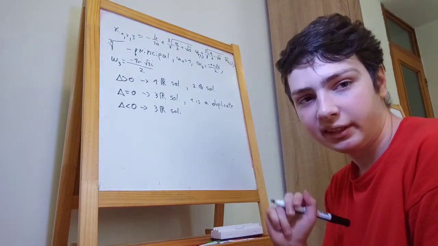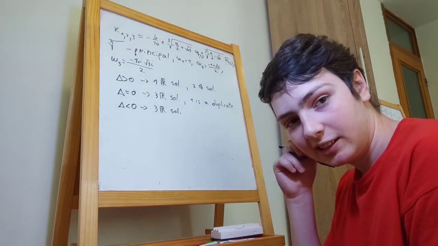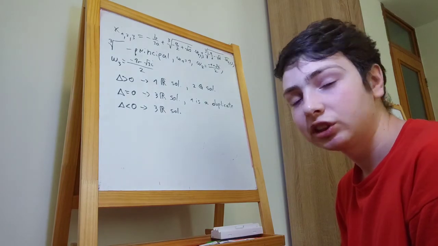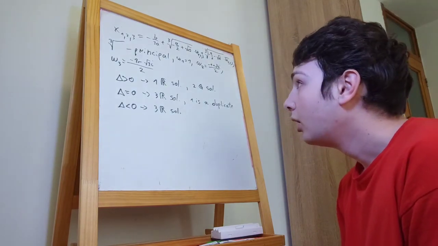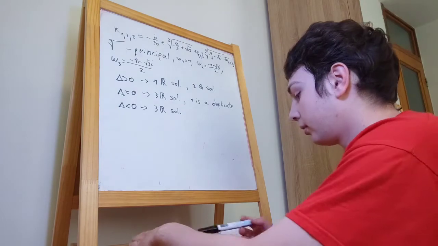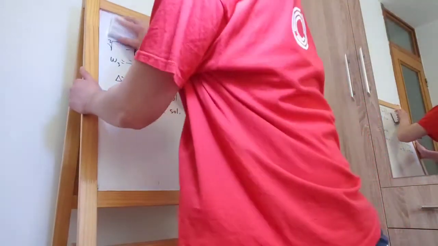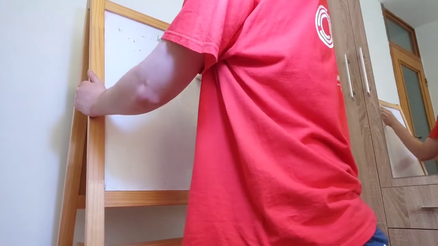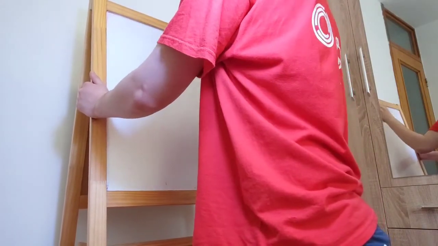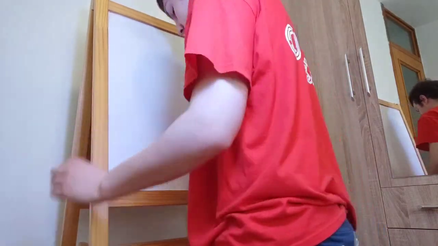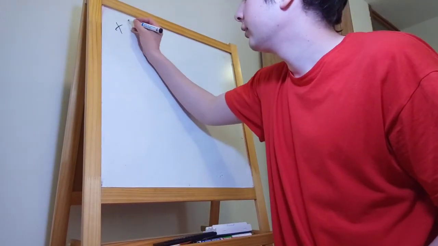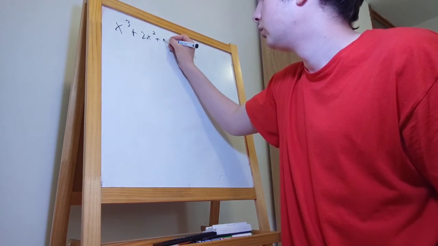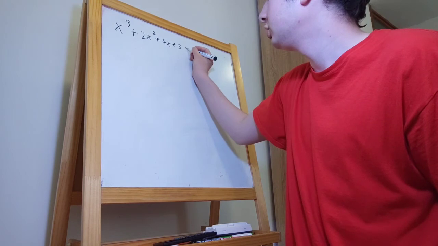Wait, we cannot stop right here. Let me just show you how you would solve a cubic equation using the formula I gave you. So, here's how to solve the equation x cubed plus 2x squared plus 4x plus 3 equal to 0.